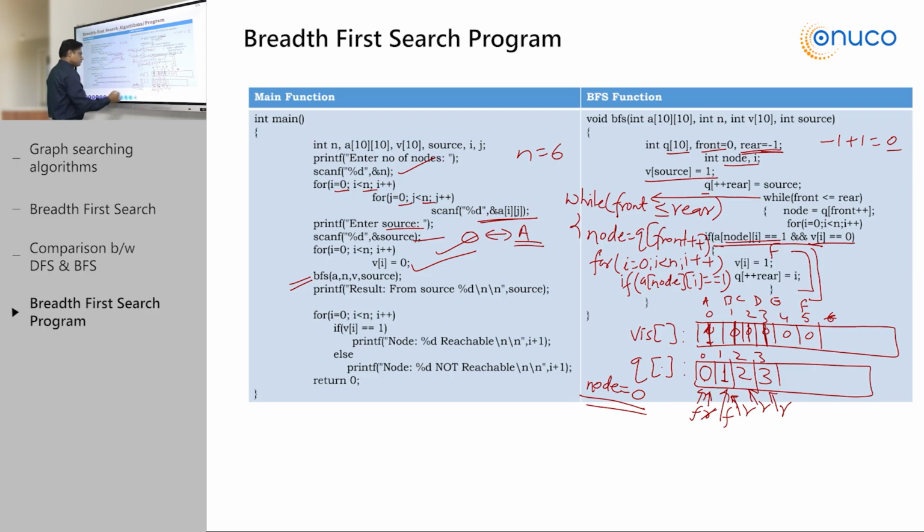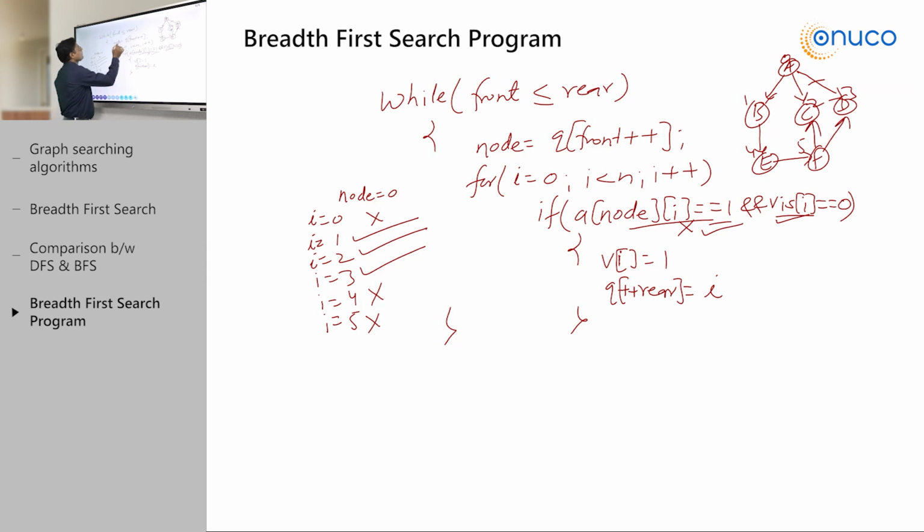Now let us see which is the front node. Front is 1 and rear is, see here, what is the value of rear? 3. Front is 1. So check the condition: if front is less than or equal to rear. Front is 1, rear is 3. Is 1 less than or equal to 3? Yes, the condition is true.